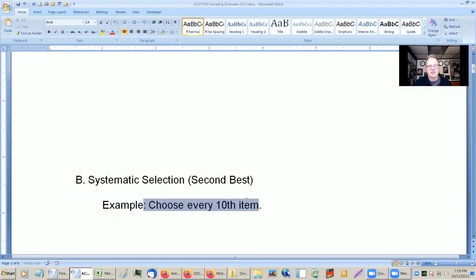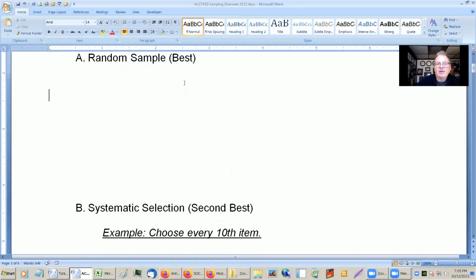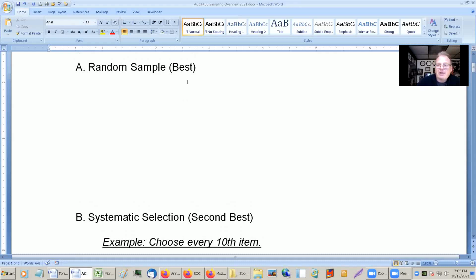This is an example of a systematic sample where you systematically pick the 10th one. So invoice number 10, invoice number 20, invoice number 30, you get the idea. This is not as good as a random sample, which is picked through a random number table or a random number generator or something like that. You pick a random sample, but the question is why?